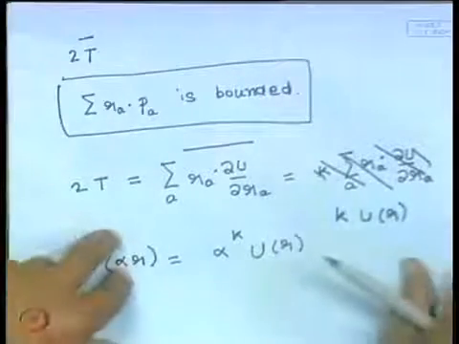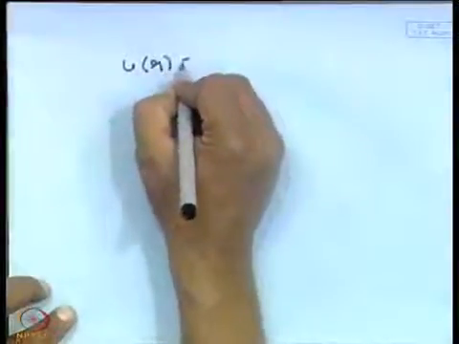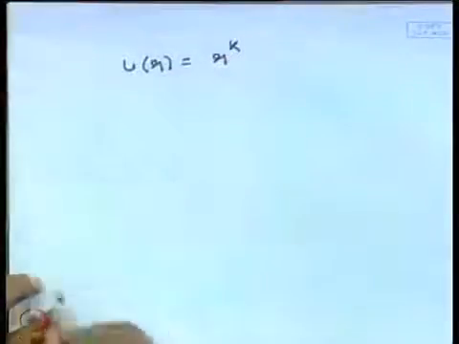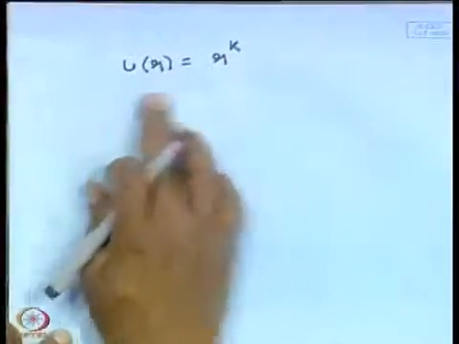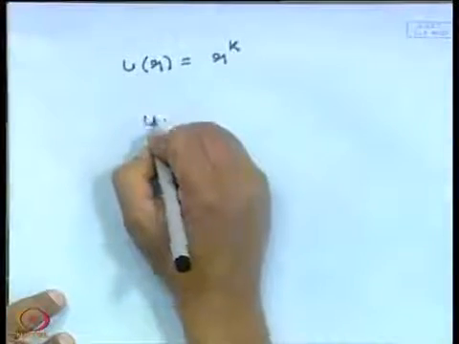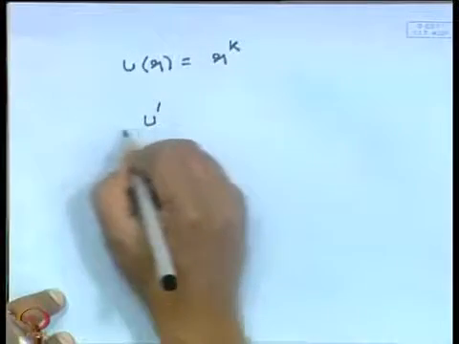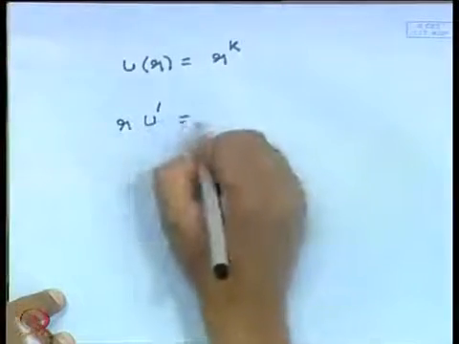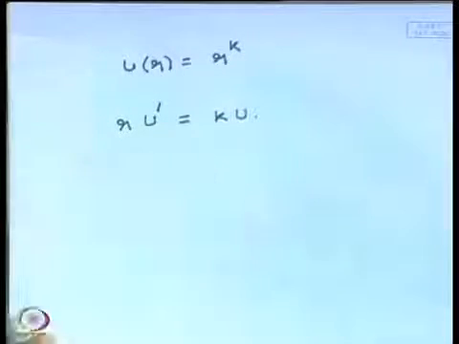Okay. So let me just give you an example. Suppose U is a power law. Now, if you differentiate it with respect to r and multiply with r, so U prime into r, you can see that it is k into U. Okay.